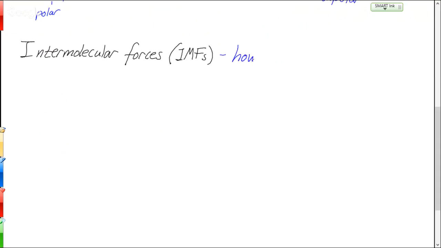Intermolecular forces are how molecules attract each other. And these are so important because this is how condensed states exist. That is everything except gases.